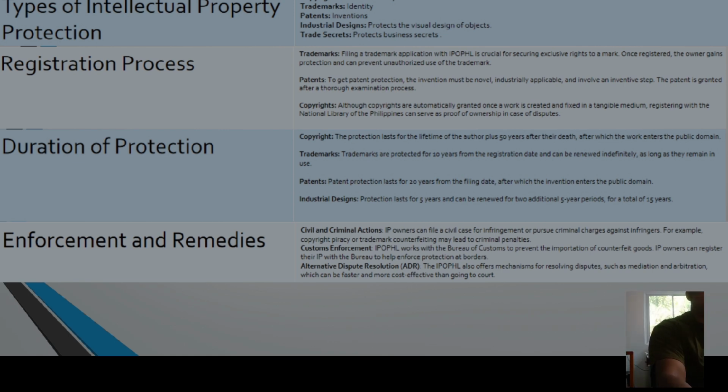There's also customs enforcement, where the IPOPHL works with the Bureau of Customs to prevent the importation of counterfeit goods. A common example is cigarettes, or imitations of these products, being smuggled in and out of the Philippines.